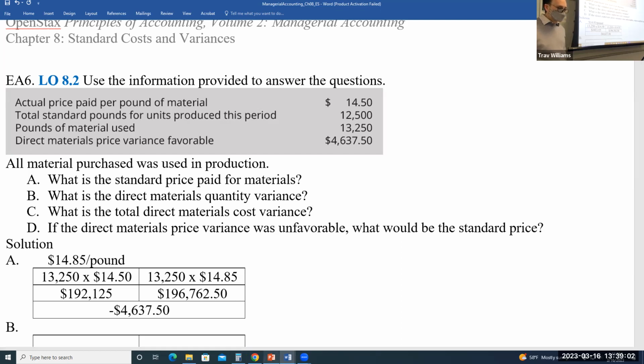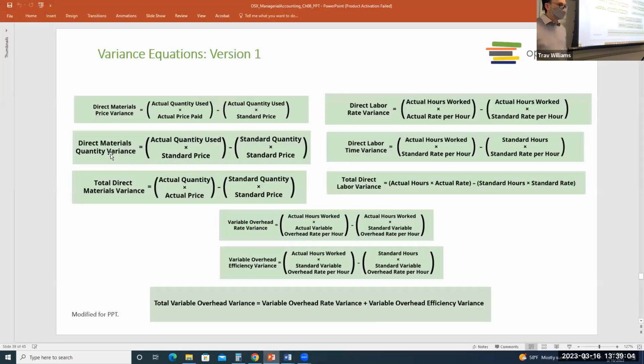All right, so if we look back at our formulas, direct materials quantity variance is the second formula here. And remember, I mentioned this on Tuesday, this part of the price variance is this part of the quantity variance, right?